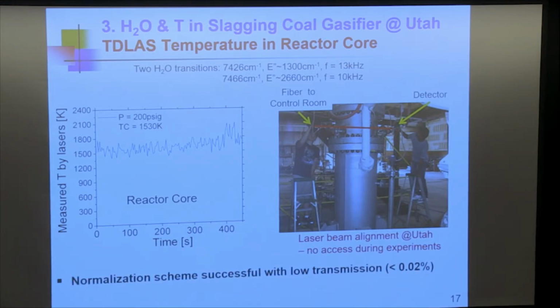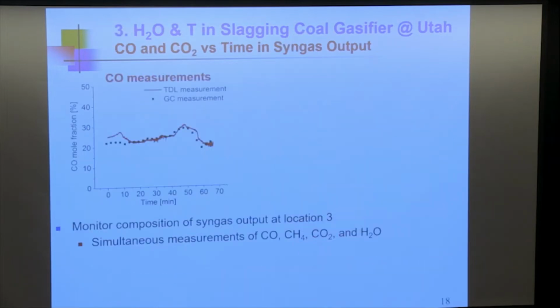I guess we got down to light transmission as low as 0.02%. I don't remember how much power we had going into the fiber, but it was probably a few milliwatts. So we finally decided that these temperature fluctuations were real, not our sensor, and related to the way they feed the coal.